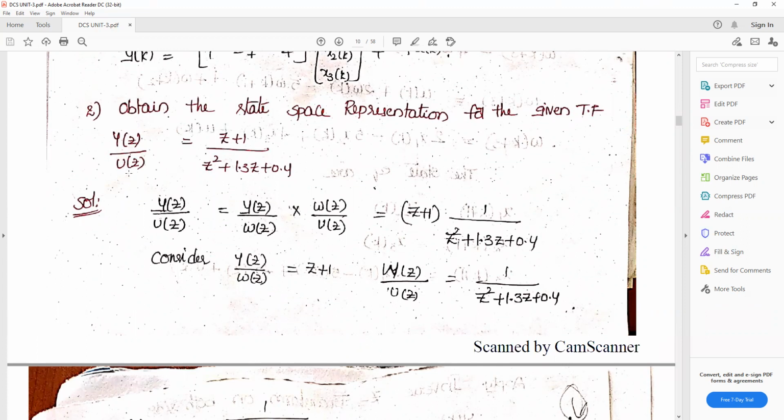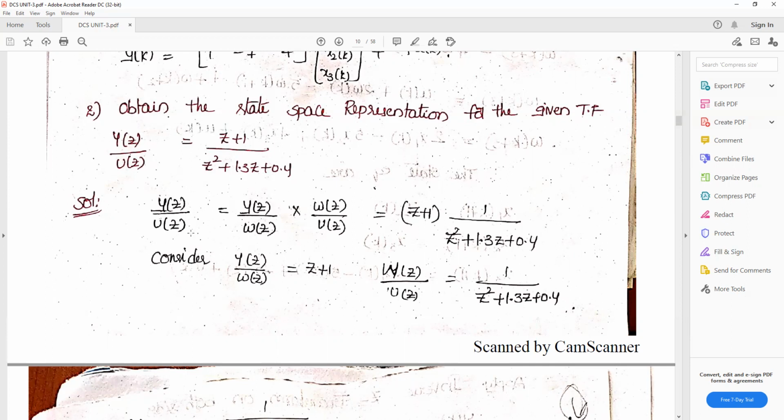Y of z by u of z is equal to z plus 1 by z squared plus 1.3z plus 0.4. The transfer function is converted into y of z by w of z into w of z by u of z. The w of z terms cancel, giving the same transfer function y of z by u of z.